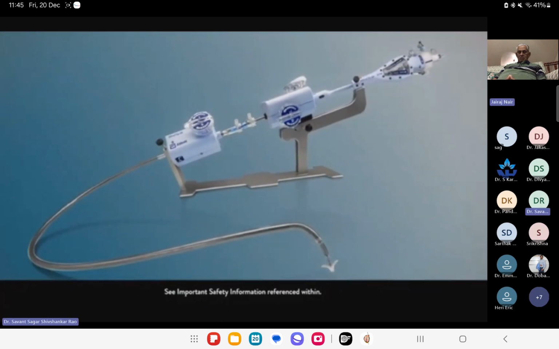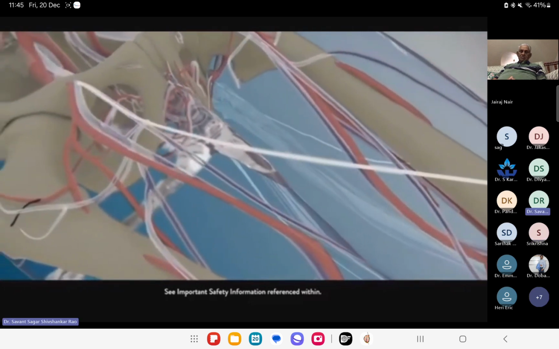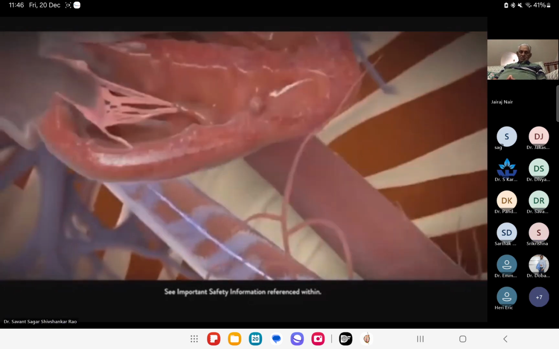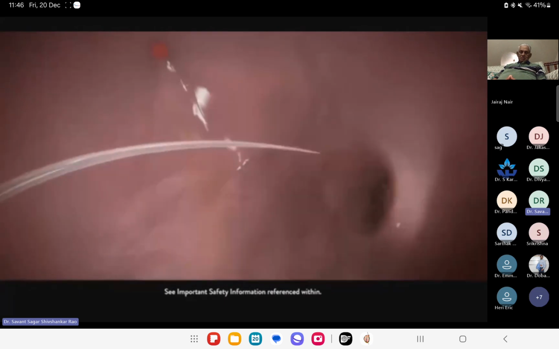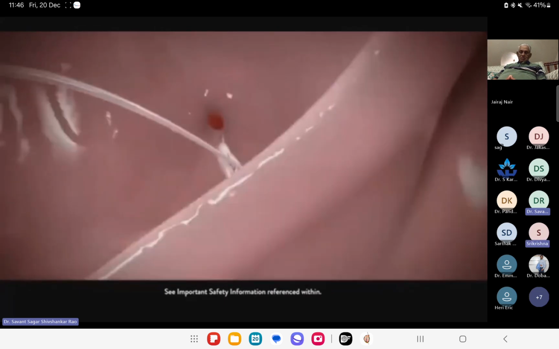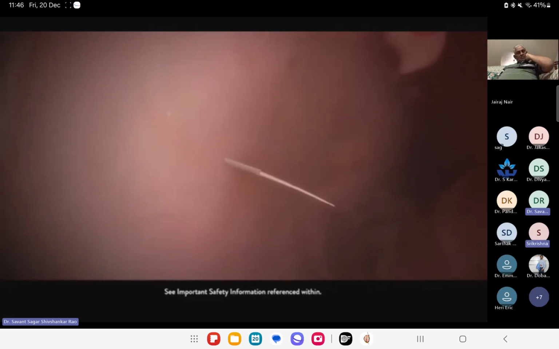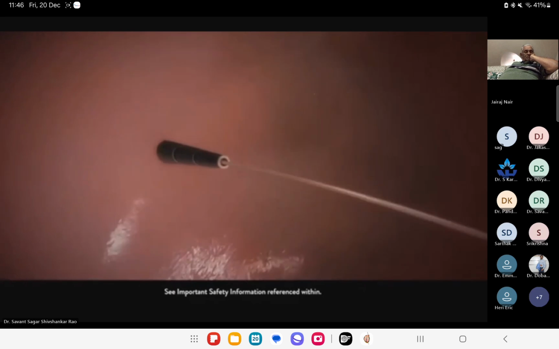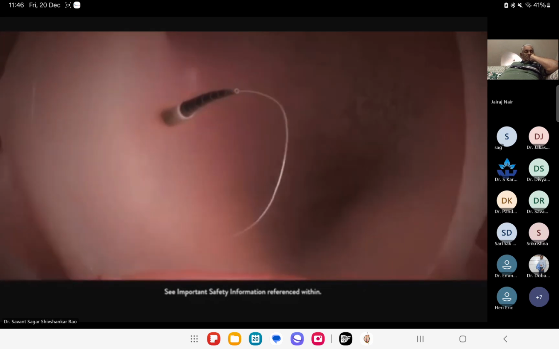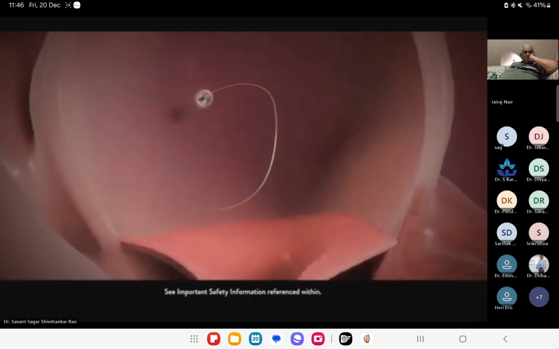This is the mitra clip device, sir. Through the femoral route into the IVC and then into the RA, transeptal puncture, showing indentation in the interatrial septum, then puncturing it, then a dilator.